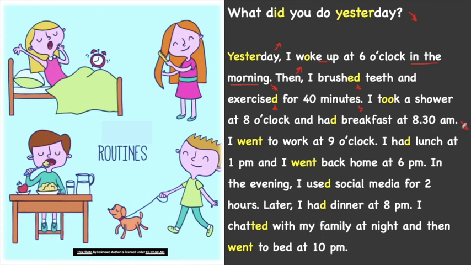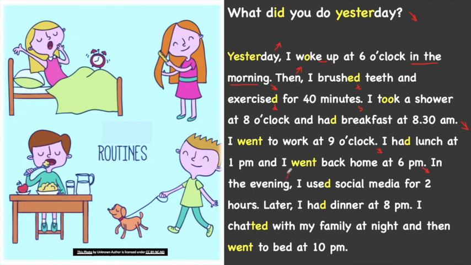Go down again. Again, go will become went, yeah. I went to work at 9 o'clock. For this part, I'm using like office, work, okay. You can also say I went to school, okay, I went to university. I had lunch at 1 p.m. and I went back home at 6 p.m. Okay.